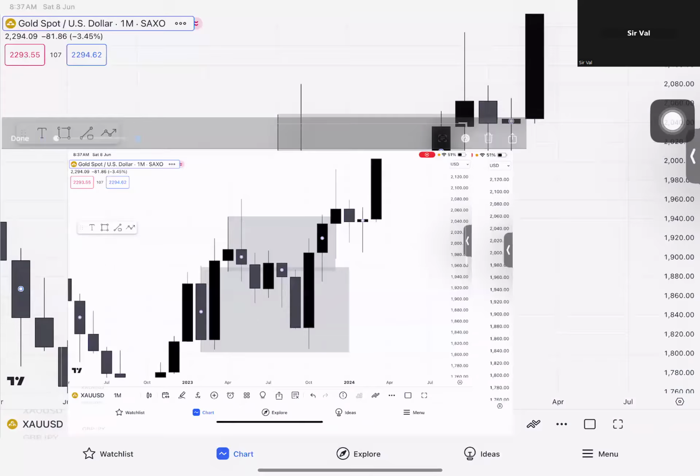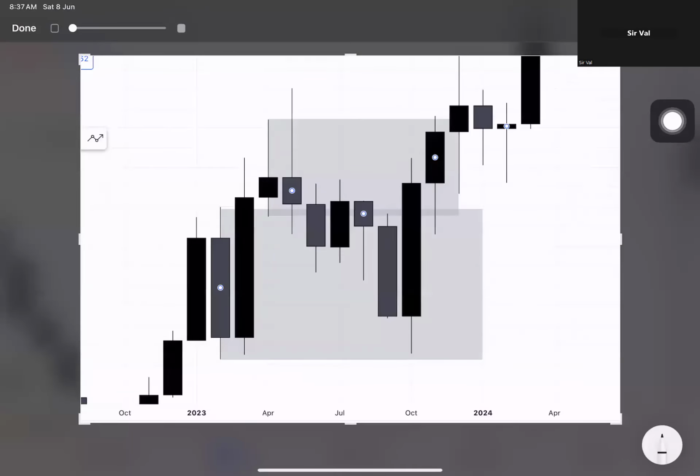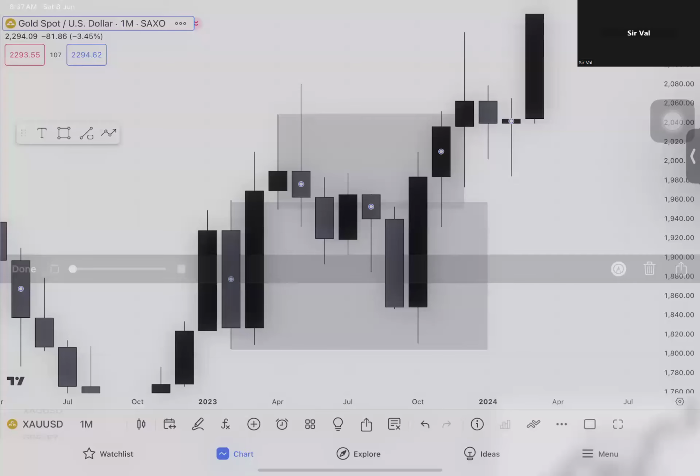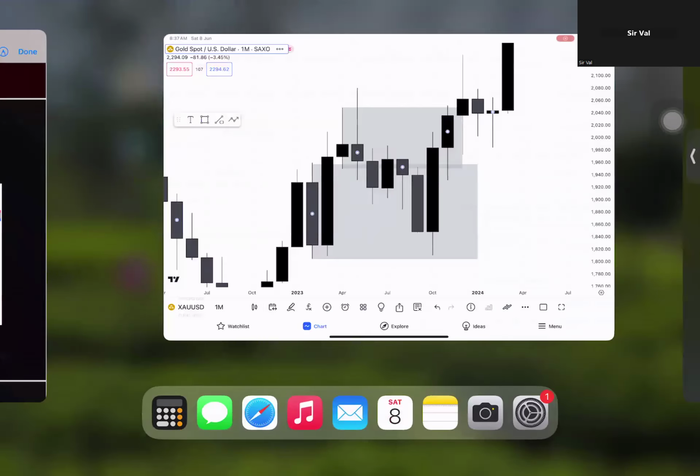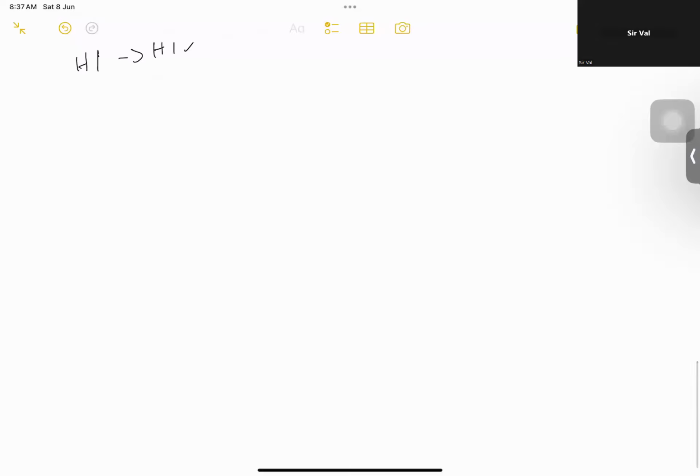So for now, how about the storyline? You need to understand also. You know how price breaks out, then pulls back, then entry.